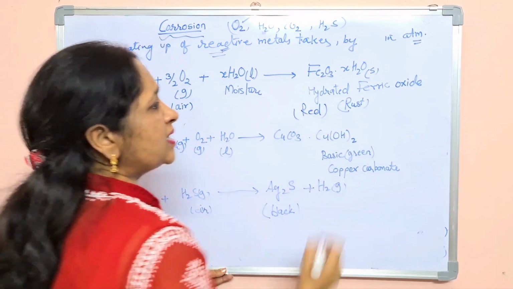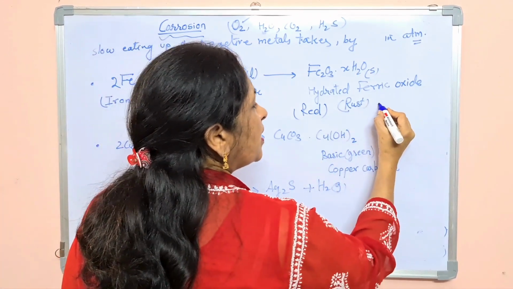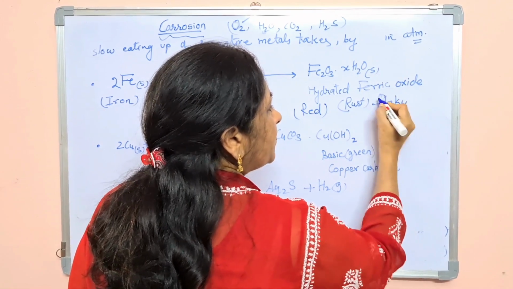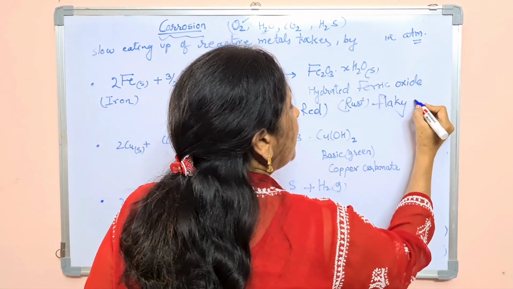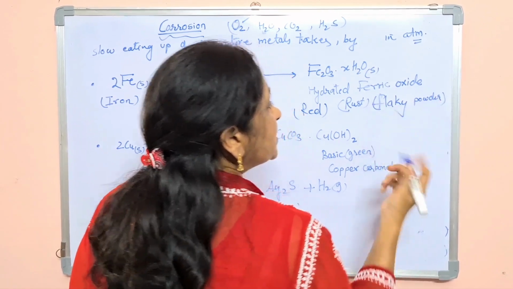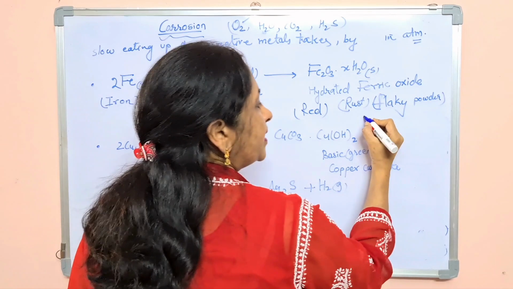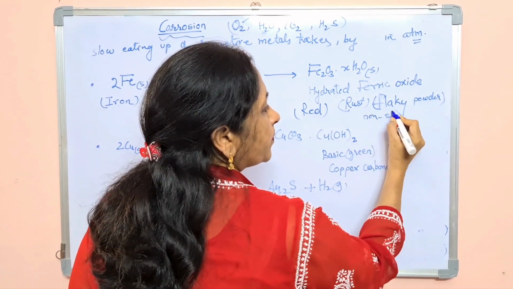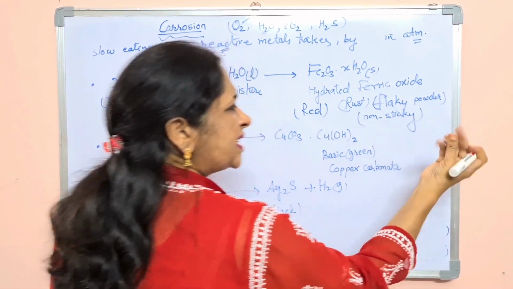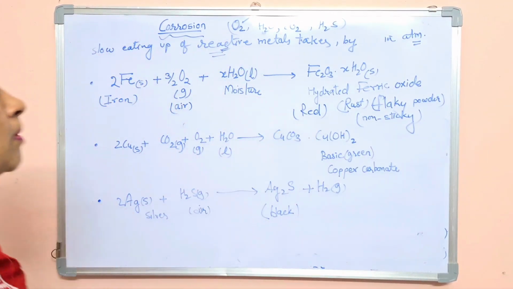Rust, I think all of you have seen, is a flaky powder. This is the physical nature of the rust, and it is non-sticky in nature. It is in the form of a powder.